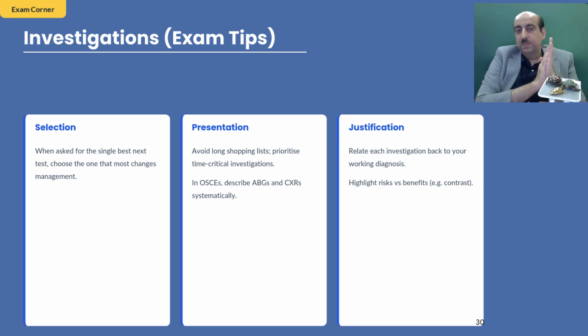Now, if you look at the selection of investigation, whenever you come across an MRCP Part 1 question or USMLE or OSCE, think of the single best next investigation. Do not think about the best for the condition, think of the best for the patient in question. So it may be that the chest X-ray may be the best initial investigation rather than the CTPA or CT of the lung.